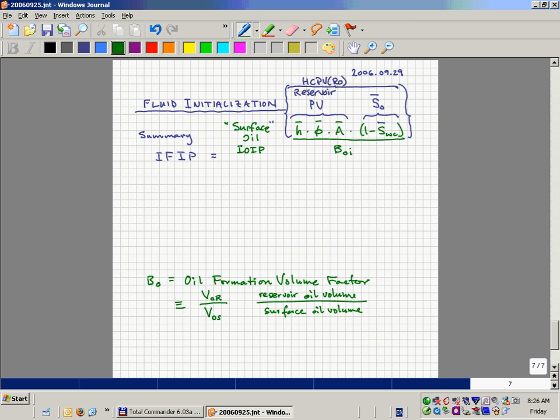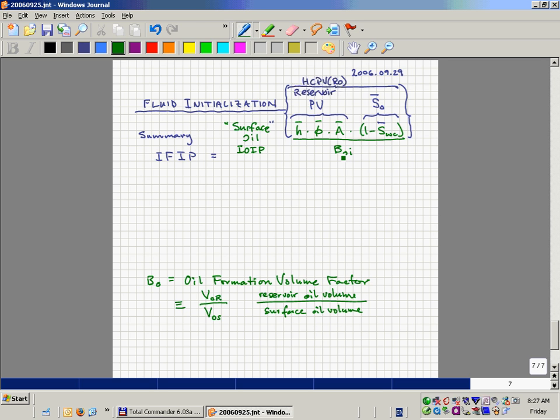Water saturation, as we'll talk about today, can be varying as a function of area and depth. So this average water saturation is a spatially integrated average. Likewise, the thickness.